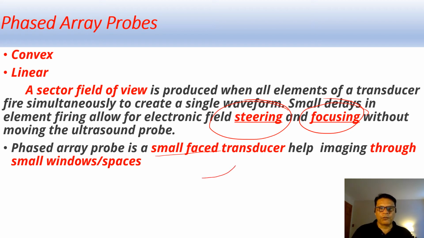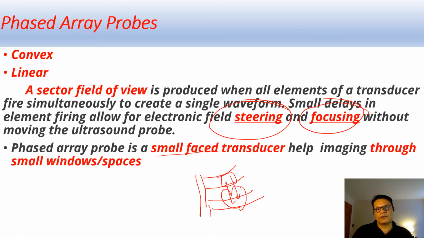And in cardiac probes we have to scan ultrasound. Suppose this is sternum and these are ribs. So there is a very small window through which you can see your heart.